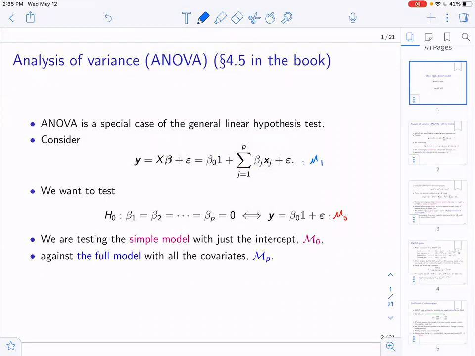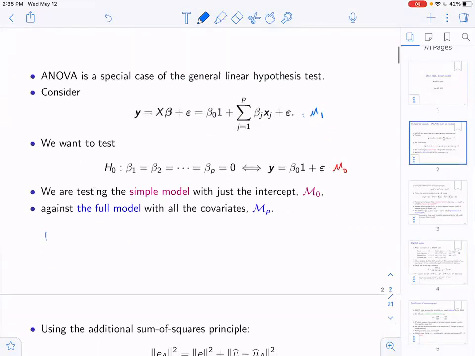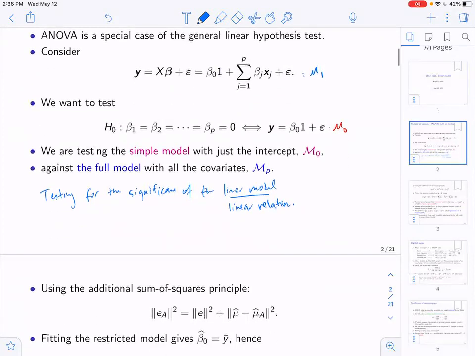This is sometimes also called testing for the significance of the linear model, or the linear relation. When you do a significance test, sometimes that's the meaning. So how do we do this test?